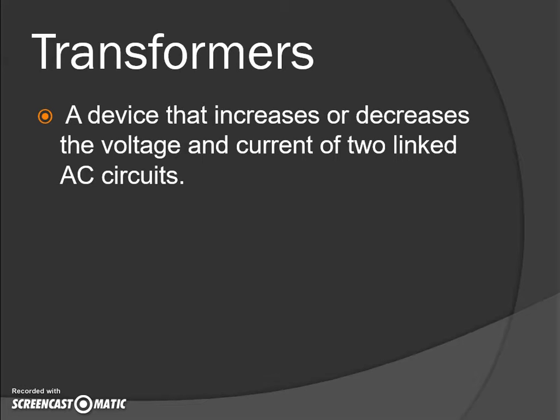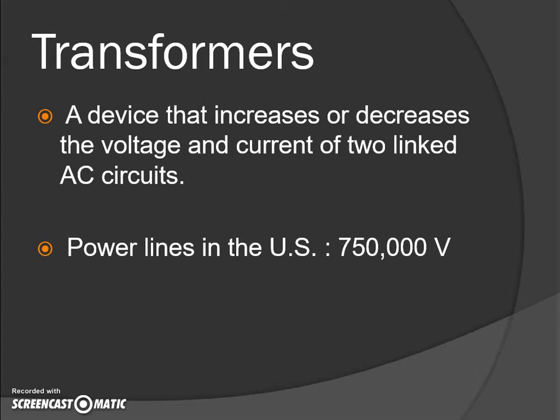For step down transformers, the secondary coil has fewer turns than the primary coil. And for a step up, your primary has fewer coils than your secondary coil. Now, your power lines in the United States run about 750,000 volts, but what's actually going into your home is between 120 volts and 240 volts. So that's a huge amount of step down.